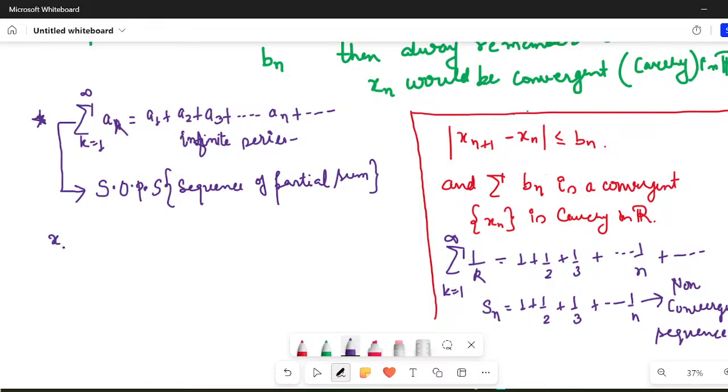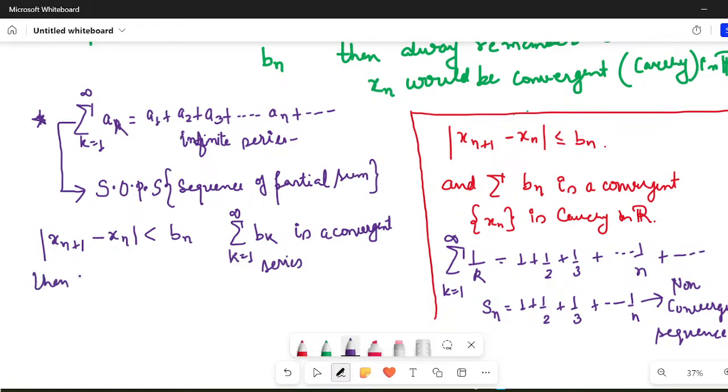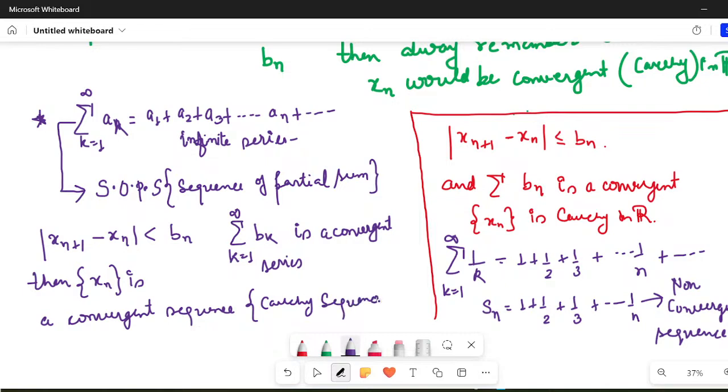If I am saying that mod of xn plus 1 minus xn can be made less than bn, where summation bn, or I can write summation bk, k equals 1 to infinity, is a convergent series, then xn is a convergent sequence, or it is a Cauchy sequence. Let us see how.